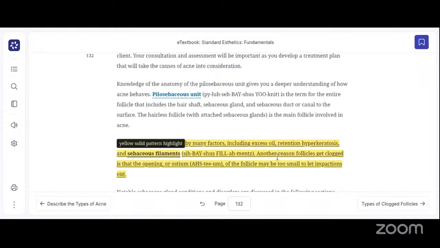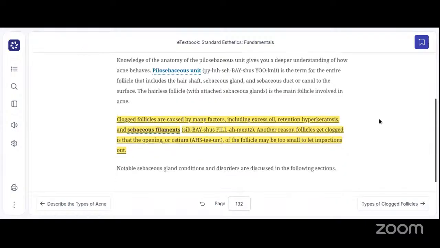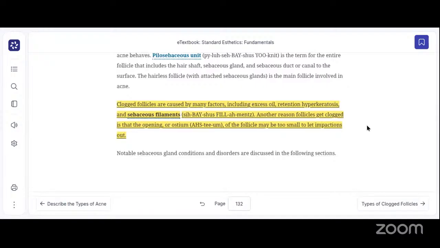Another reason follicles get clogged is that the opening of the follicle may be too small to let impactions out. This is where sometimes you see them do micro needling insertions to push things out. You may feel something underneath, but there's no opening, so you may have to make an insertion for those openings as well.